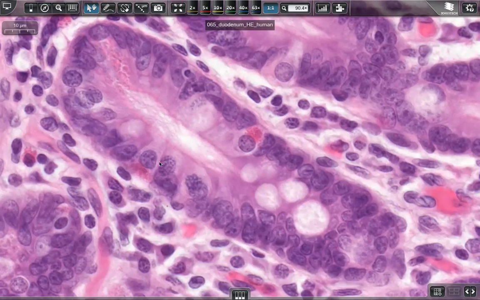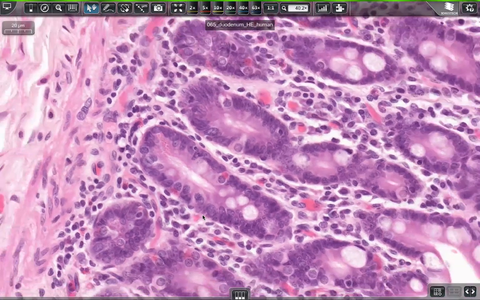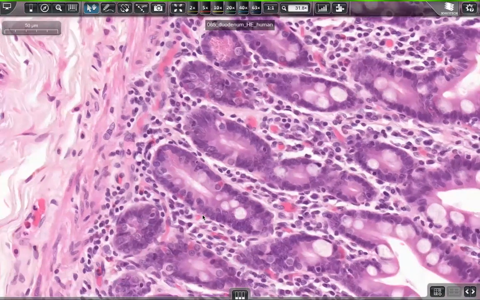They are enteroendocrine cells, and maybe look at that. It seems it's after the division, the mitotic division. So here we have a differentiating cell as well. So enterocytes, goblet cells, Paneth cells, enteroendocrine cells, and undifferentiated cells are present in the crypts of Lieberkühn in the small intestine.